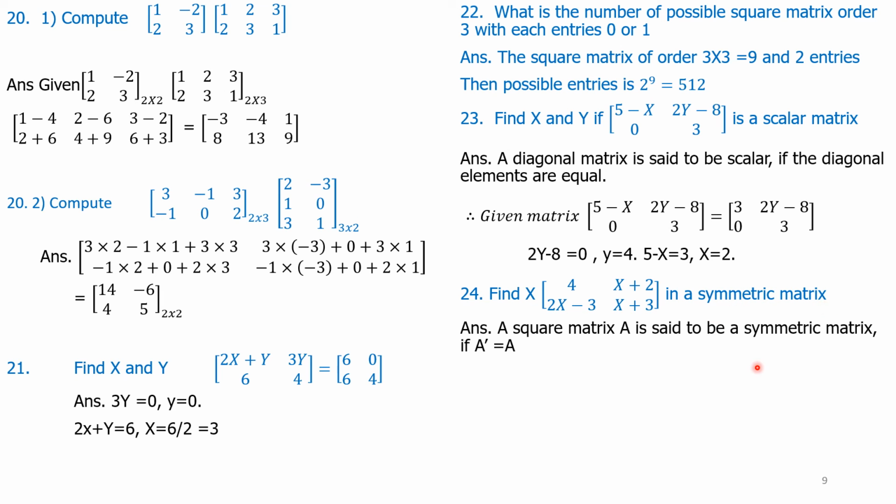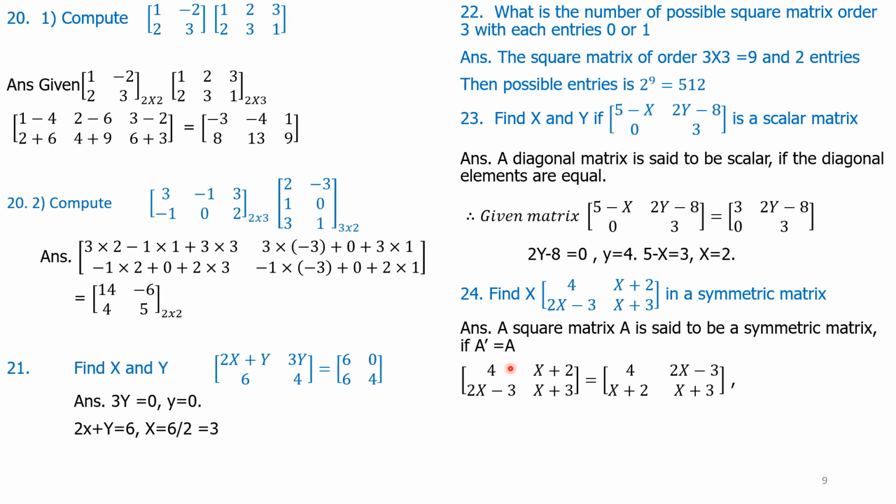Therefore, we have to find A dash and equate it to find the value of x. So writing the left side as it is, 4x plus 2, 2x minus 3, x plus 3. And we have to convert this into A dash. So we will write A dash is 4x plus 2. That is interchanging rows by columns.